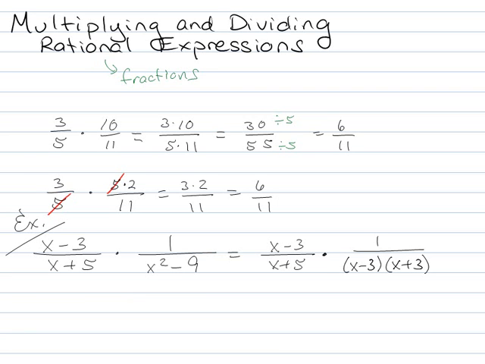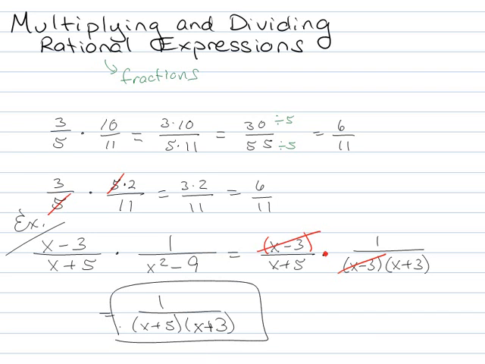Since I have an x minus 3 on the top and an x minus 3 on the bottom, and everything's being multiplied by everything else, I can cancel those out. Then I end up with 1 on the top and x plus 5 times x plus 3 on the bottom. And that is a simplified version of the original problem as stated.